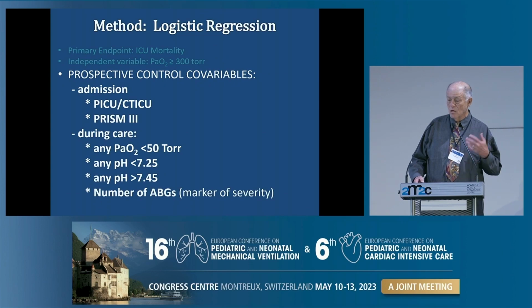Those were which ICU you were in, the pediatric or the cardiothoracic, the PRISM-3 score at admission, and then aberrant blood gas measurements, a very low PaO2 or a high or a low pH. And then we also considered controlling for the number of blood gas measurements, which was used as a marker of severity that Ramgopal had used in the other study.